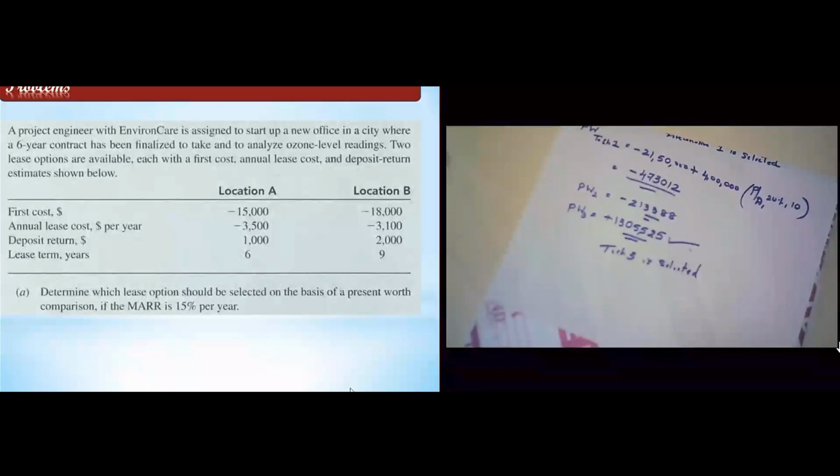So the LCM of 6 and 9 is 18. That means we will be comparing our alternatives over that 18-year time period, and then we will calculate the present worth.